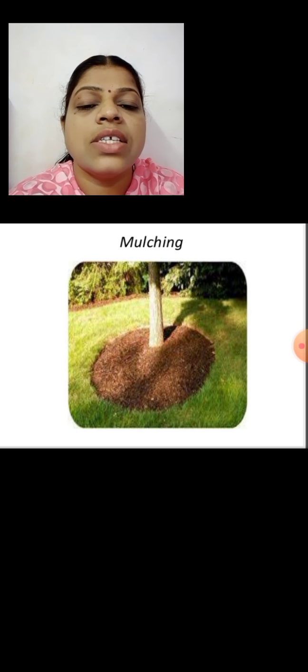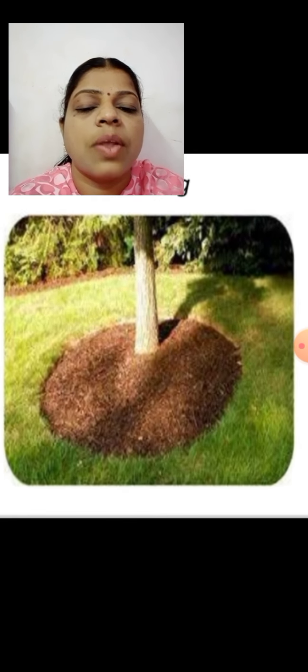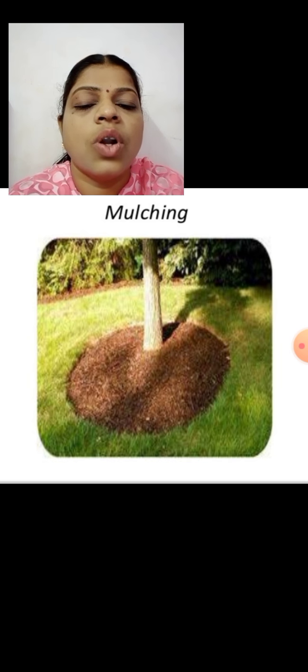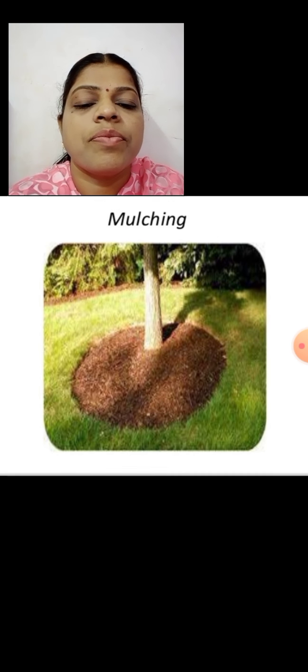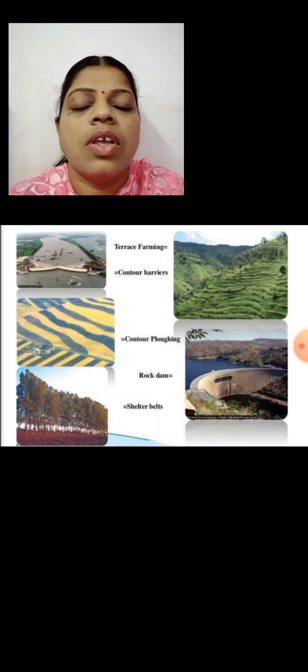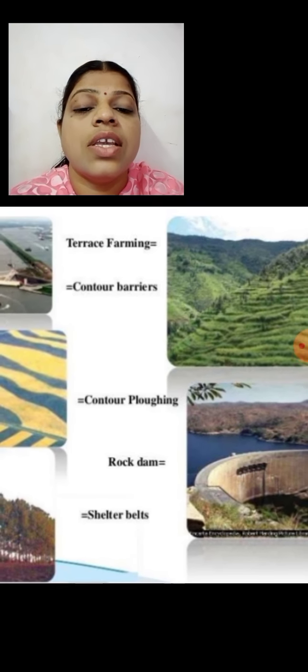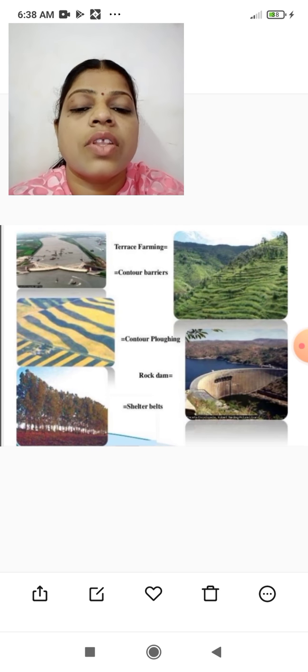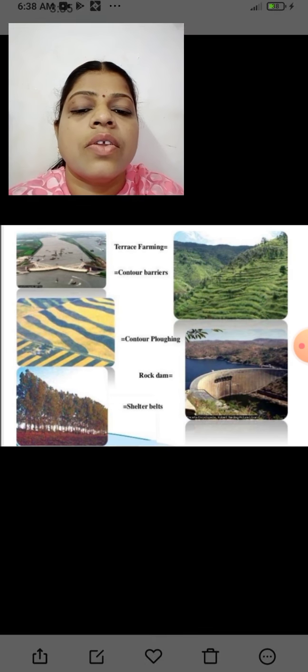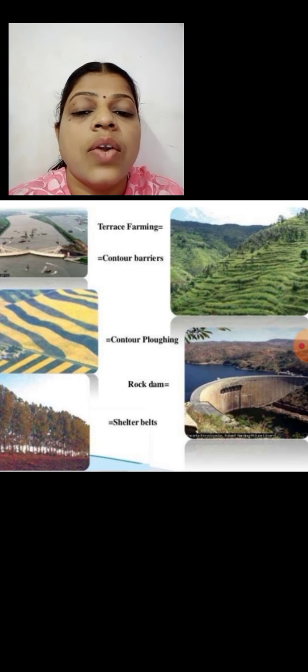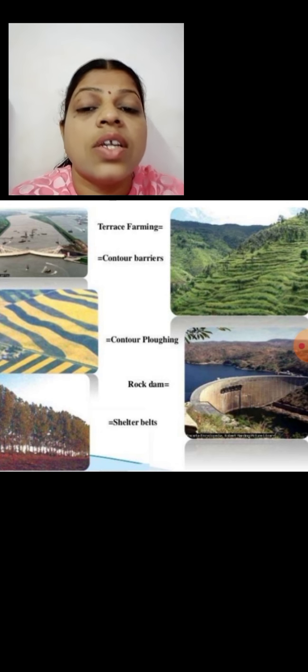See, here we can see in this image, this is mulching. Here we can see that the base of the trees is entirely covered with what? Yes, soil. Here we can see, what is this? Yes, that is terrace farming, contour barriers, contour ploughing, a rock dam, and the shelter belts.